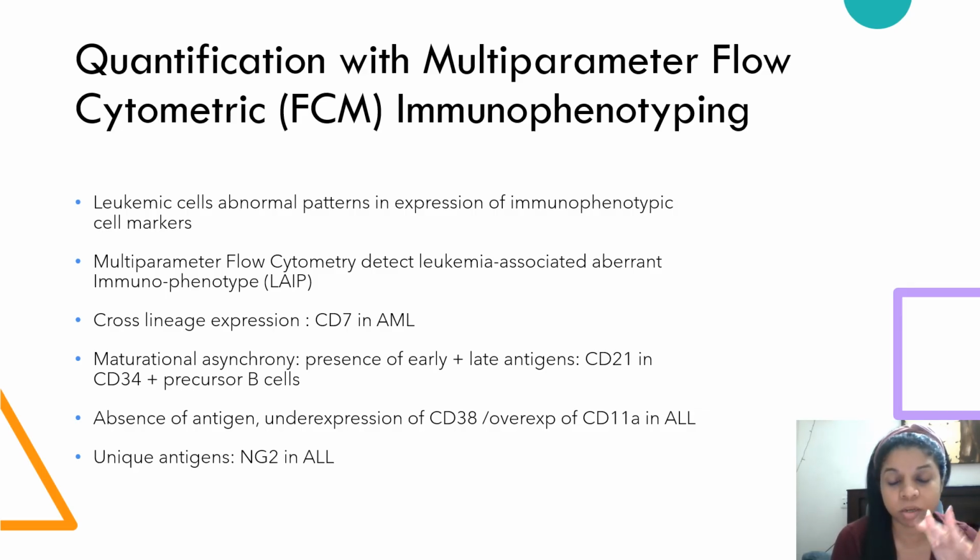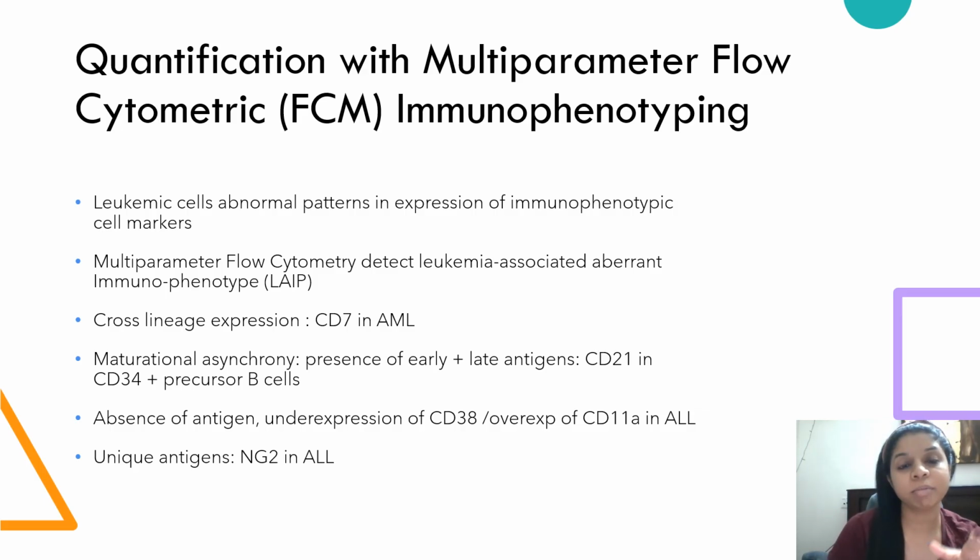They are variable, but they have a certain point of expression. If there is much more expression than the normal pattern, you should think about leukemia. If there is underexpression compared to the normal pattern, you should also think about leukemia. But you should know the normal pattern to know whether it is underexpression or overexpression.